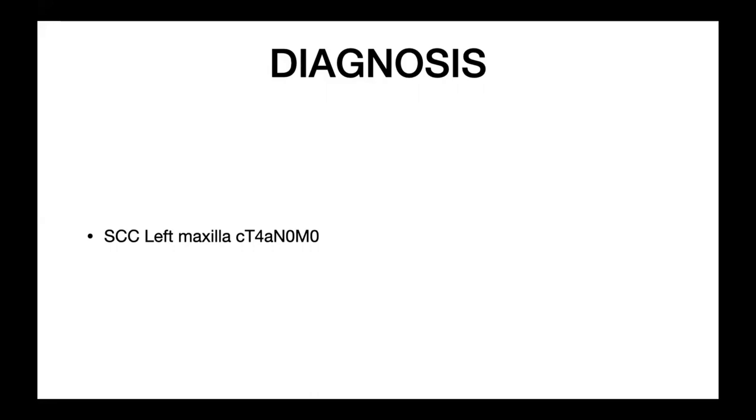Those who have even a partial response to neoadjuvant chemotherapy have a better prognosis, and in around 70 to 80% of cases they could preserve the orbit. There was a study by Hanna et al. in 2011 and again by Hanna et al. in 2021.